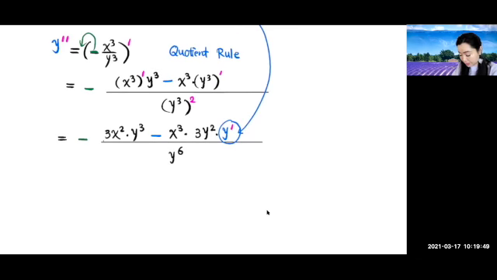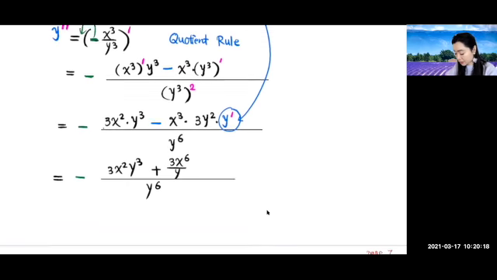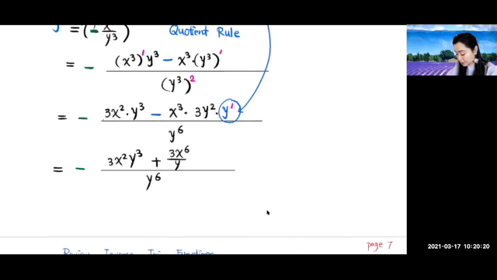Now we're going to get negative 3x squared y cubed, and then I'm adding 3x to the 6th power over y to the 6th, because y prime over here is negative x cubed over y cubed.